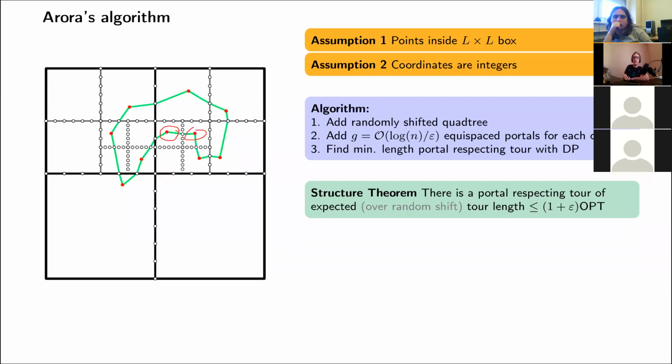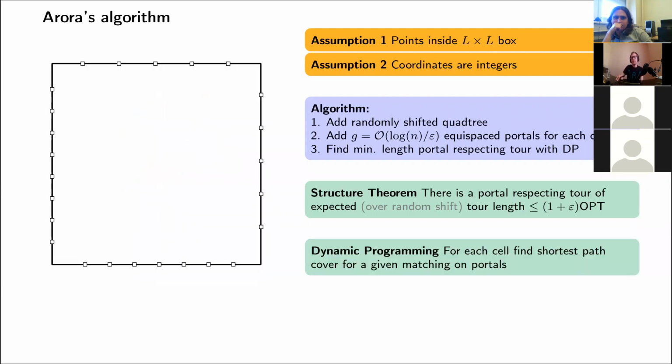If you look at this quad tree cell, maybe this example is wrong, but the solution is somehow divided for this cell into a path cover. For example, here in this big cell we have 2 paths. So for a given matching we need to find the shortest path cover that is portal respecting.